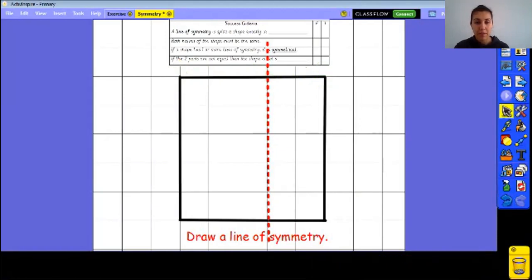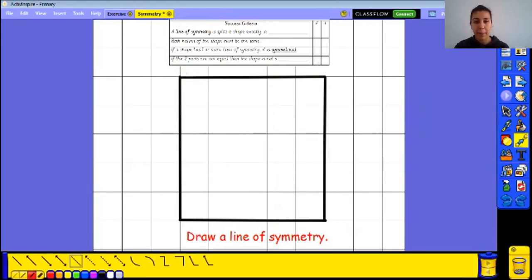But perhaps if I move it over slightly, I have to draw a new one, sorry. If I move it over slightly to see, all in all, I've got 1, 2, 3, 4, 5 squares along the top. So I would need to go halfway between my 2 lines there.